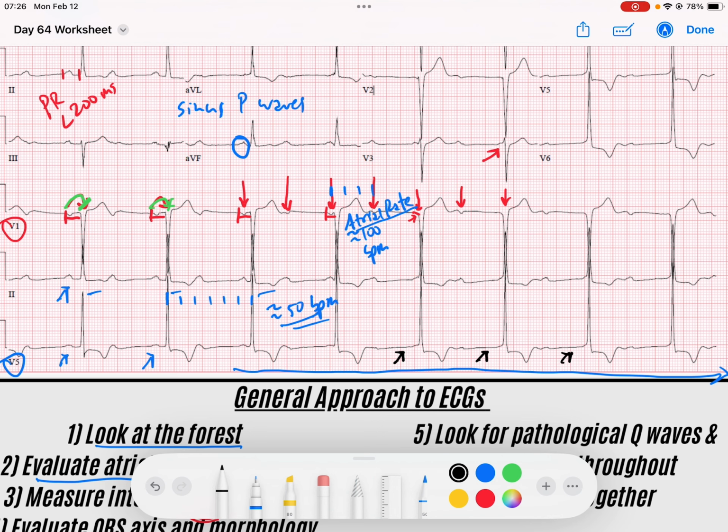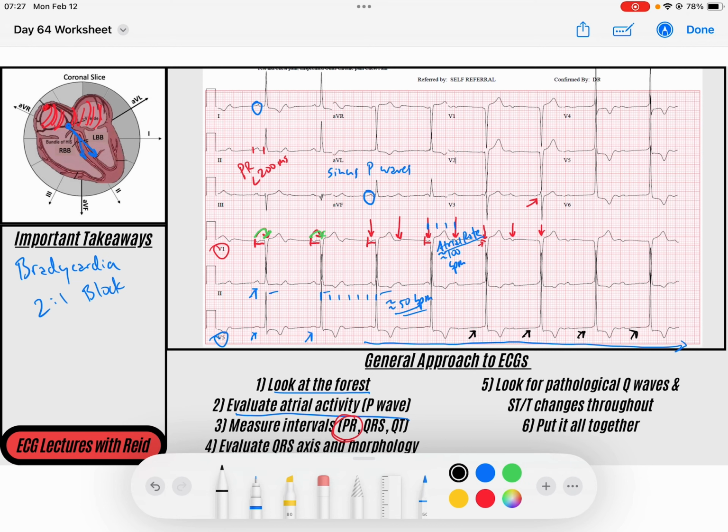And so, because of that, in the setting of a normal atrial rate that is faster than a normal ventricular rate, this is diagnostic for a complete heart block or complete AV node block. Okay, so this person has evidence of complete heart block in the sense that the atria and the ventricles are dissociated from each other. They are not beating together.